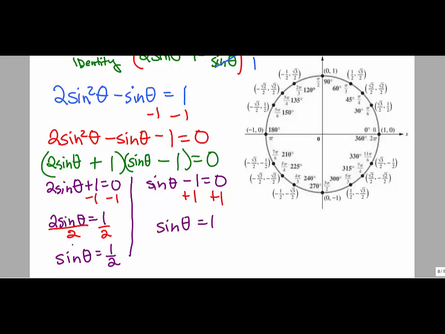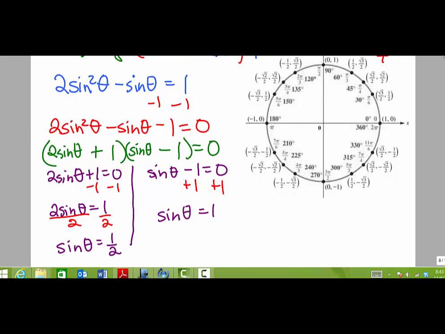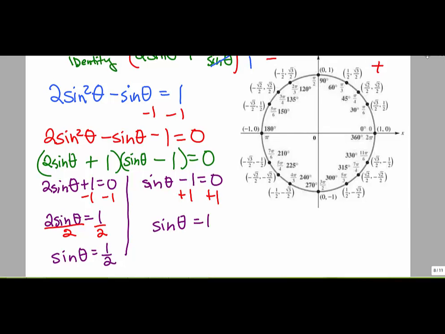So looking at the first problem here, sine theta is equal to 1/2. What angles have a sine value of positive 1/2? So we're looking in quadrants 1 and in quadrants 2. And we're looking for a y value on the unit circle of 1/2.